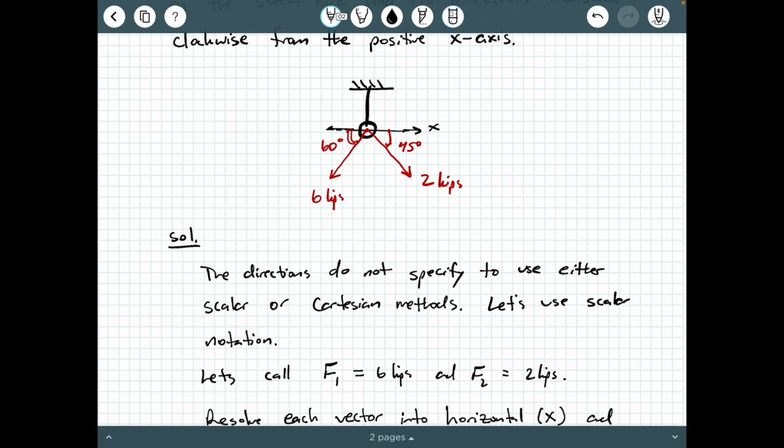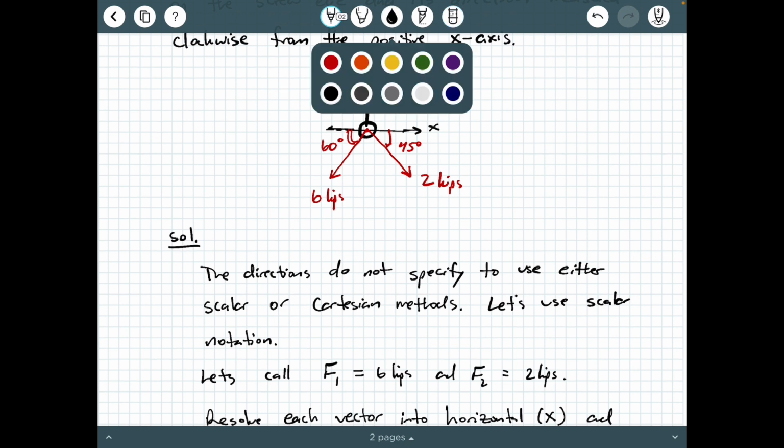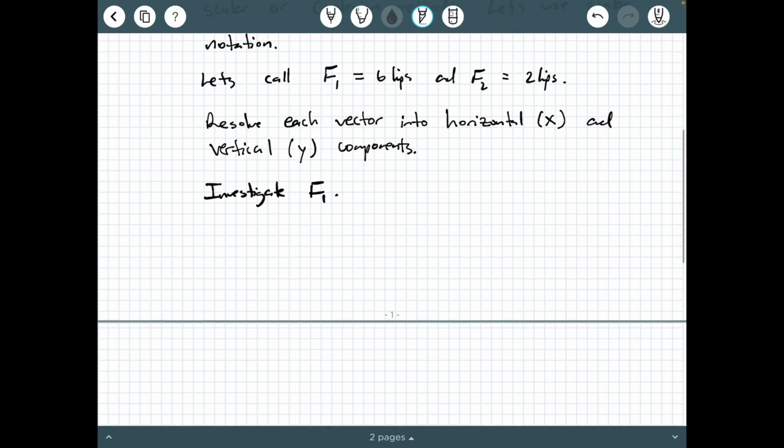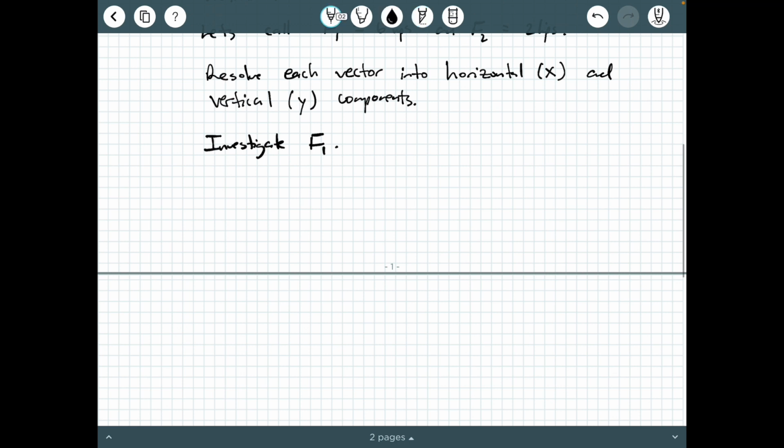Well, if you project out another little axis here, F1, which is the 6 kips, is in quadrant 3. And it's forming a right triangle right here. Okay? So if you want to, you can draw this out kind of like this.